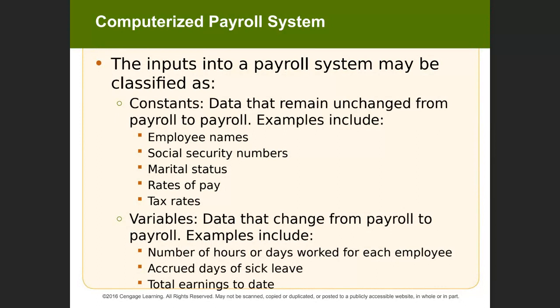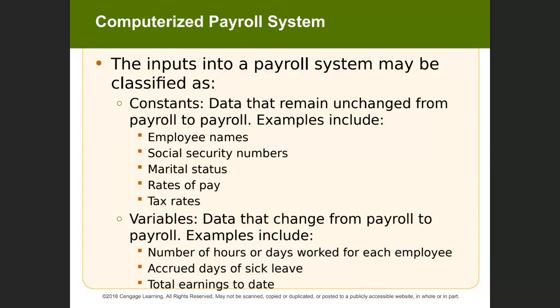And then variables, this is data that changes from payroll to payroll. So every time you get paid, this can change. The number of hours that you worked, the days that you worked, how many days of sick leave you've accrued.